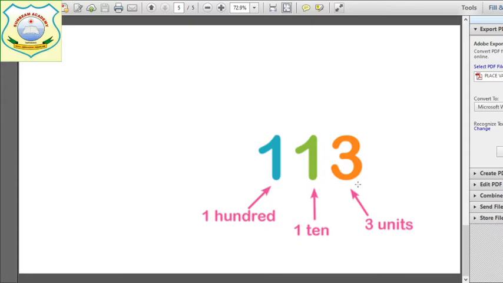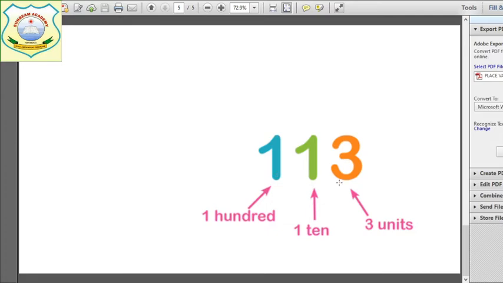So what is the place value of this 3? 3 ones or 3. 1 is in tens place. So what is the place value of this 1? 1 tens or 10. 1 is in hundreds place. So what is the place value of this 1? 1 hundreds or 100.